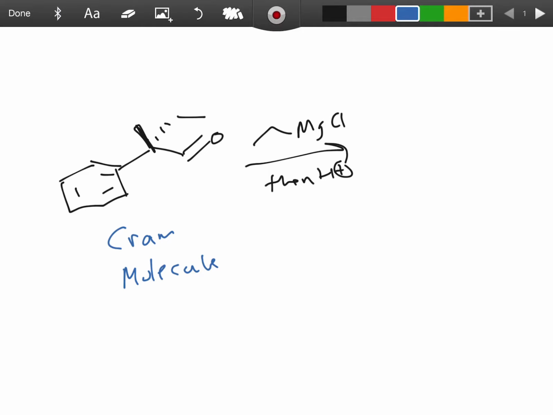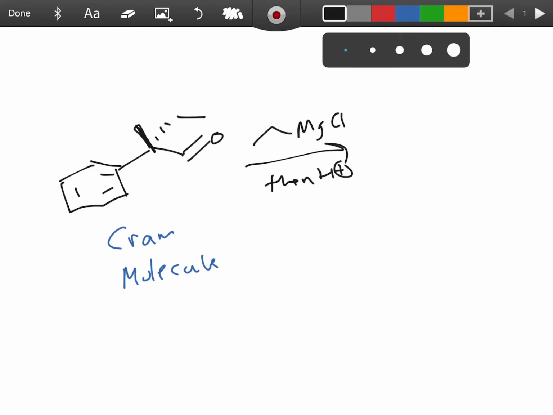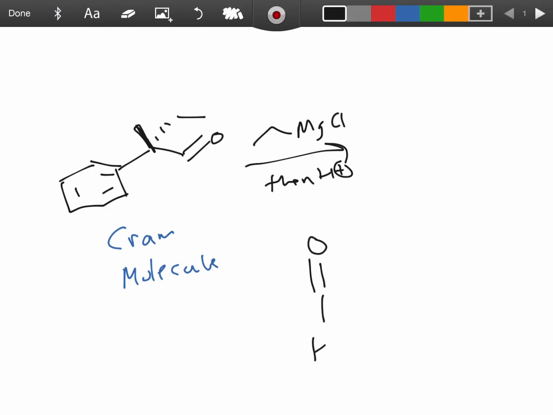What would we need to do the Cram? It's not the Cram chelate because there's no group that can coordinate a metal. So you have to draw that weird Newman projection-esque thing where you'd have your carbonyl, in this case an aldehyde, at the front. It's a really ugly circle. Slightly better.